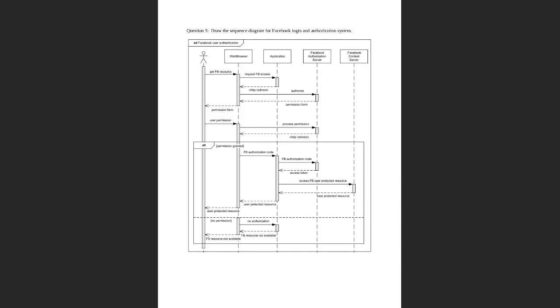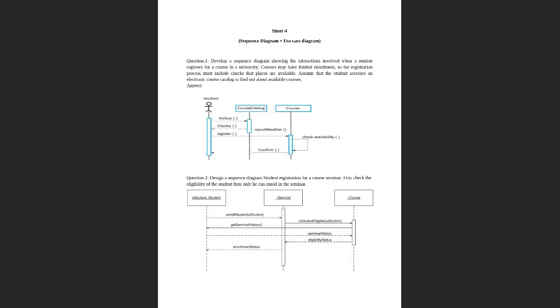I hope the sheet is on the screen. Now you see: develop a sequence diagram showing the interaction involved when a student registers for a course in a university. Courses may be limited in enrollment, so the registration process must include checks that places are available. Assume that the student accesses an electronic course catalog to find out about available courses.